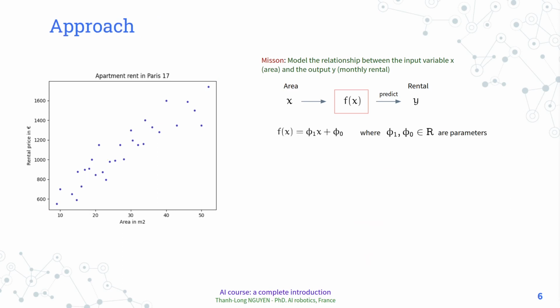First, assume that we have found a solution f of x equals phi1x plus phi0 that gives a straight line like this.